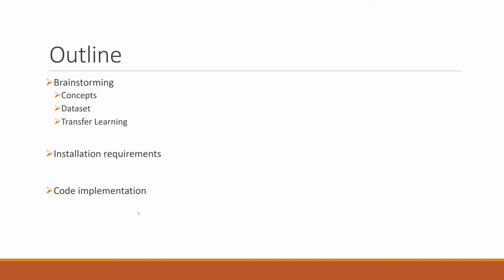This is the outline of this video: initially I will explain the concept, then the dataset, and then what transfer learning is, the installation requirements and all other things such as code implementation. If you already know the concept, you can skip any section and directly dive into the code implementation.